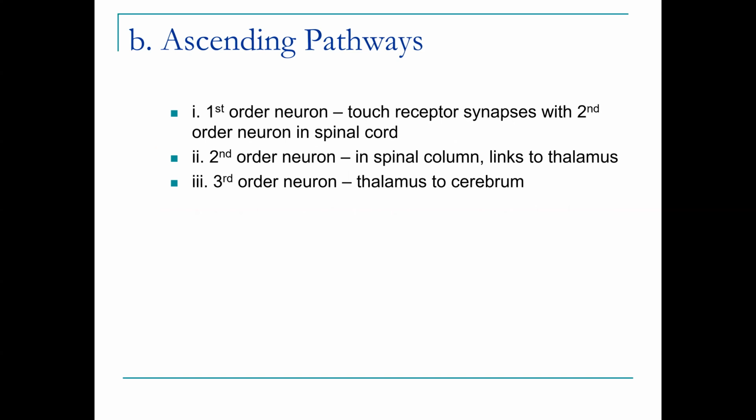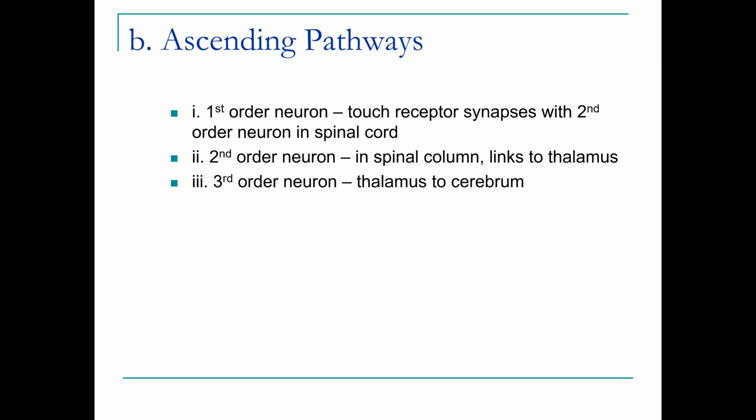Where is the cell body for the first order neuron, which is an afferent sensory neuron? It is in the dorsal root ganglion. So the first order neuron is the neuron from the receptor into the spinal cord.